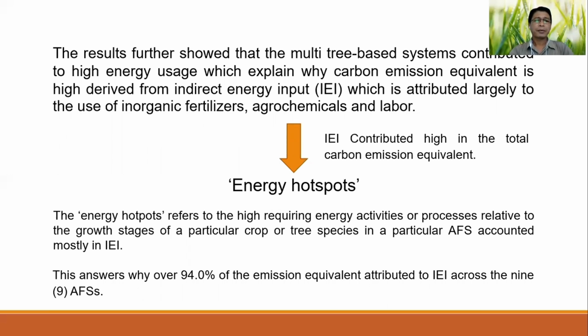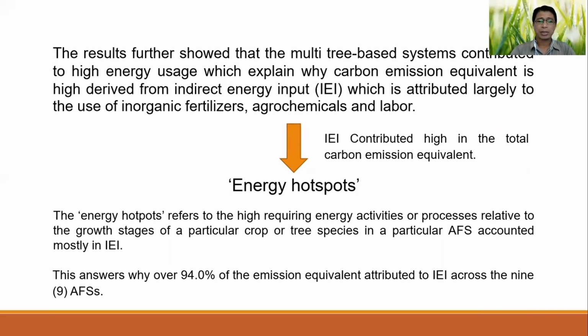The results further showed that the multi-tree-based systems contributed to high energy usage, which explains why carbon emission equivalent is high, derived from indirect energy input, which is attributed largely to the use of inorganic fertilizers, agrochemicals, and labor.